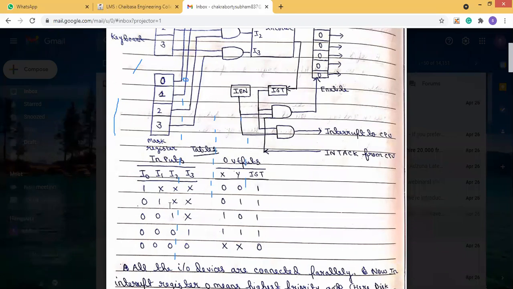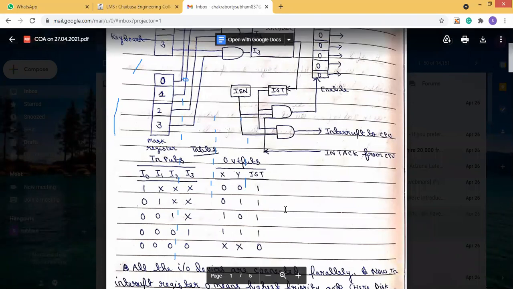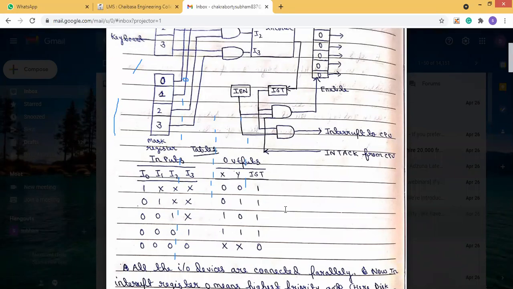In the next case, case number 3, here disk and printer didn't generate interrupt. Only reader and keyboard generated interrupt. Now among reader and keyboard, reader has the highest priority. So we will consider reader interrupt, but will not consider keyboard interrupt, because we only consider the highest priority interrupt.